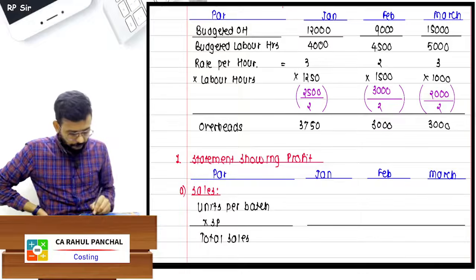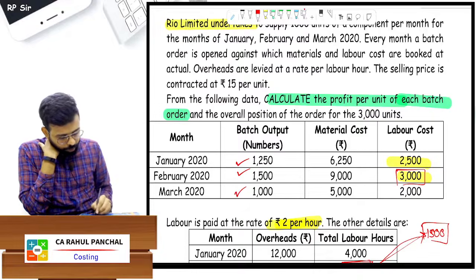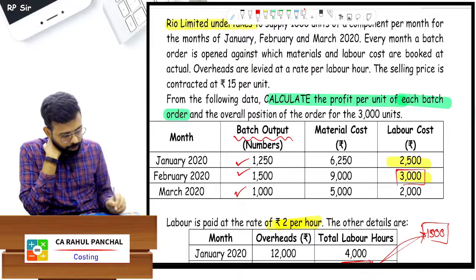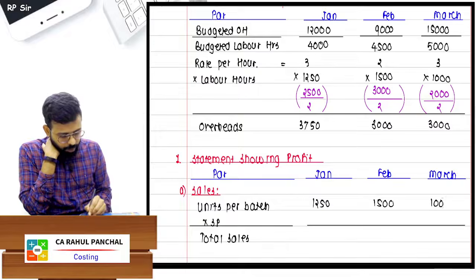See, in every batch we have produced 1250, 1500 and 1000 units, batch output every month. These many units are produced. Every unit can be sold for ₹15.